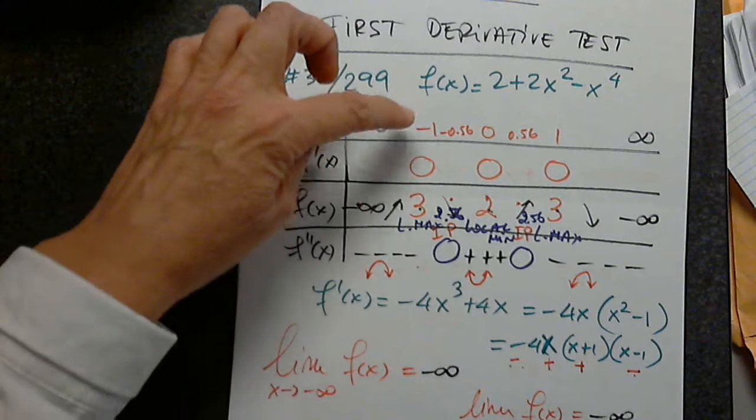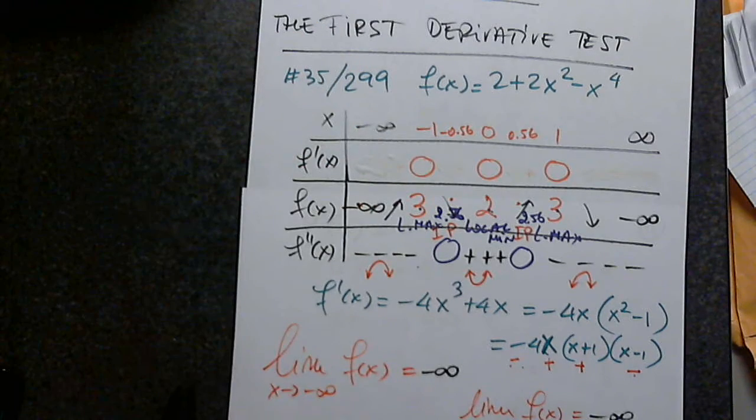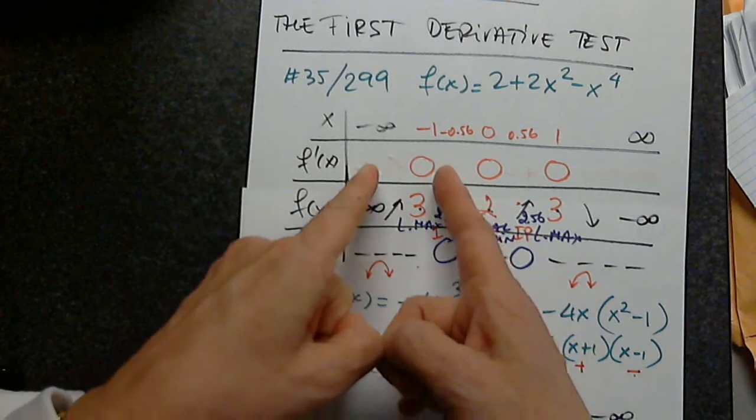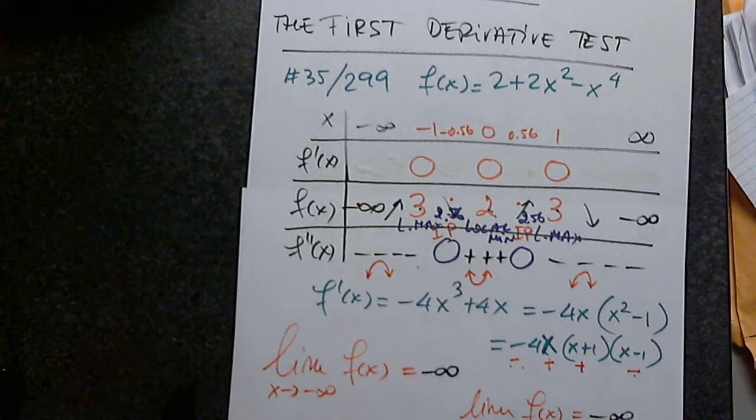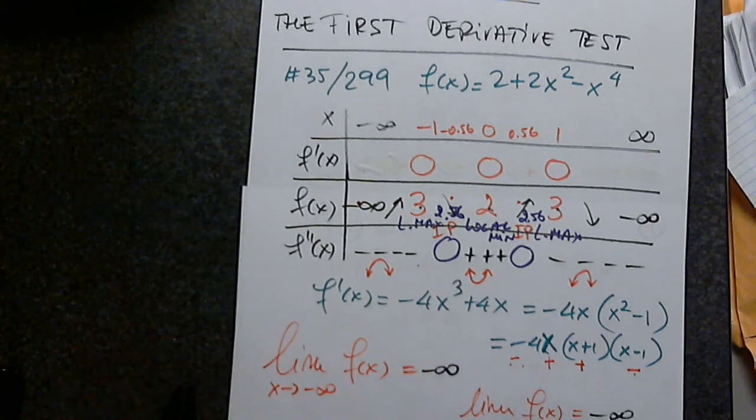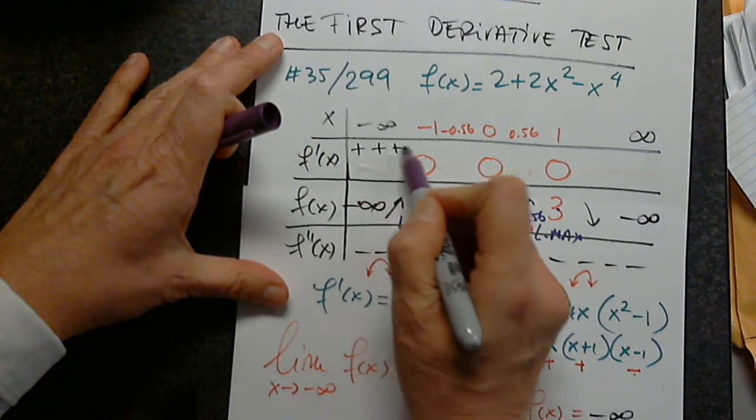What kind of point will negative 1 comma 3 be? And what will be the signs left and right of the first derivative? Max said positive, negative. That's it. That's the second derivative test.